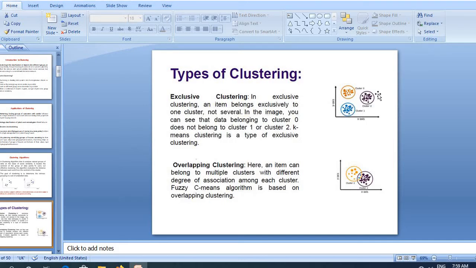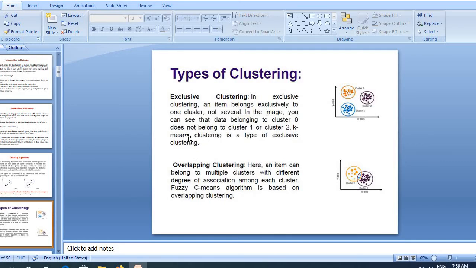And this purple color belongs to cluster 2 alone. So if you take the case of one data point, it belongs to either cluster 0 or cluster 1 or cluster 2. It cannot be a member of two clusters. So one of the important clustering algorithms is K-means clustering. Look here, K-means clustering.